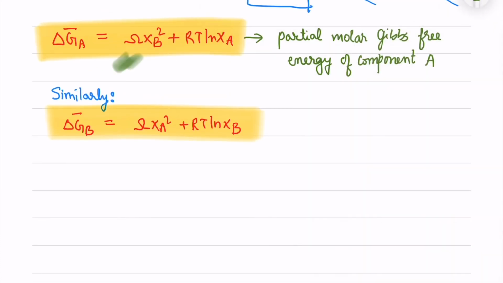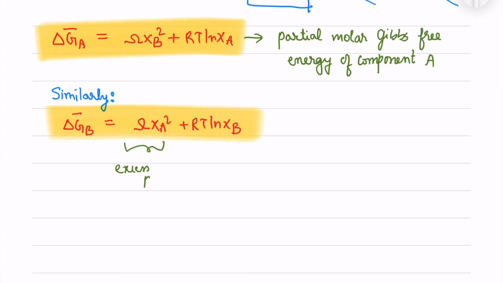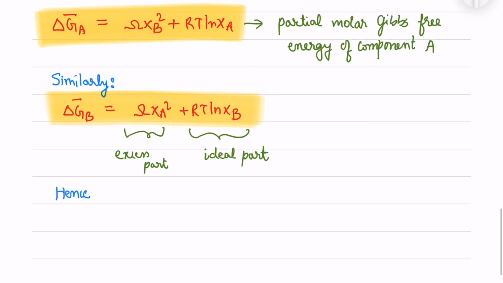Now we have to know that this term is the excess part and this term is from the ideal part. Hence, the delta GA excess is nothing but omega xb square.